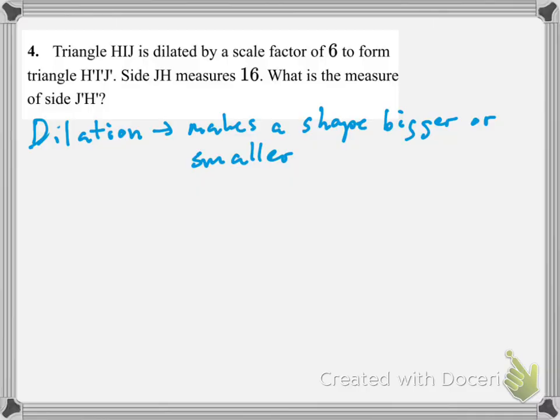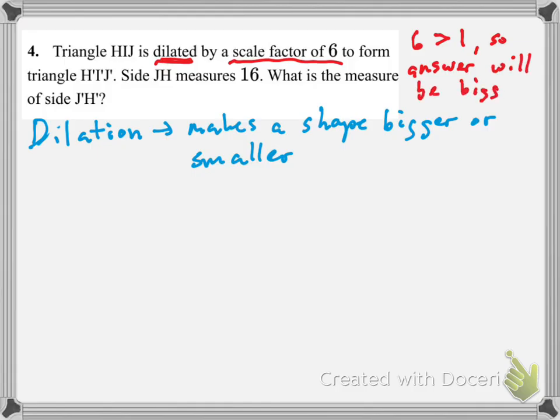Dilation, again, there's the definition. There's no picture this time. It says triangle HIJ is dilated by a scale factor of 6. Six is bigger than 1, so my answer will be bigger. To form triangle H prime, I prime, J prime. Side JH measures 16. What is the measure of side J prime, H prime?